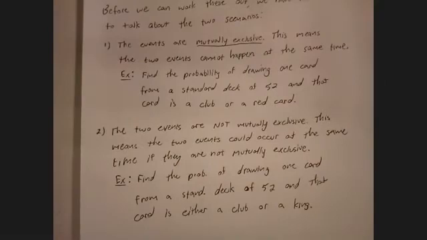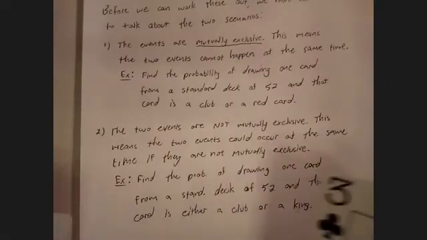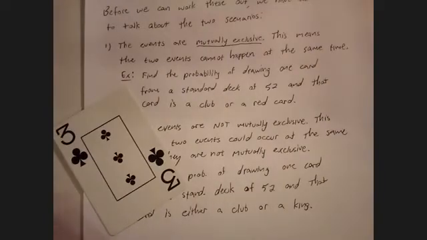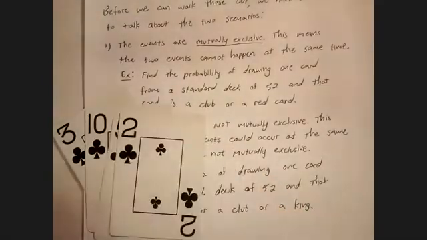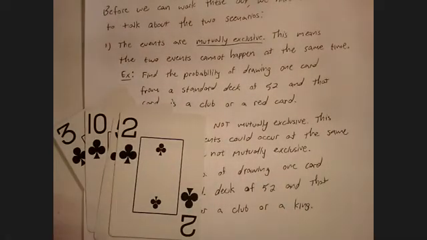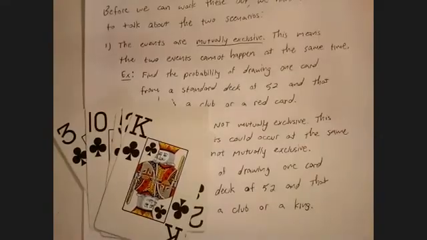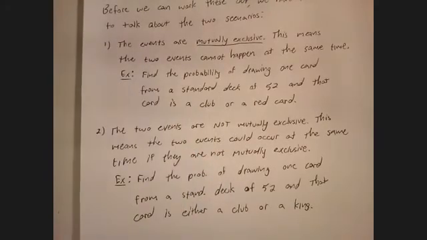Okay, so this could happen at the same time. Here's a club, here's another club. There's a bunch of clubs in this deck, but notice there is a situation where one of my clubs is a king. So we say that these two situations are not mutually exclusive.